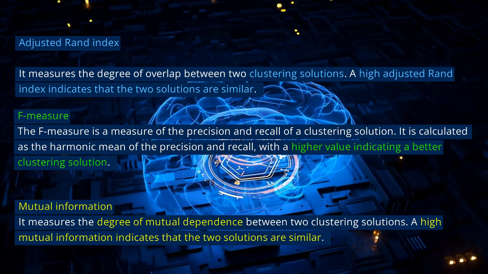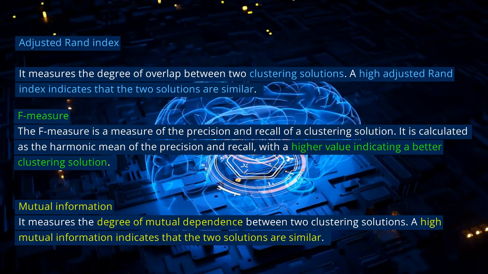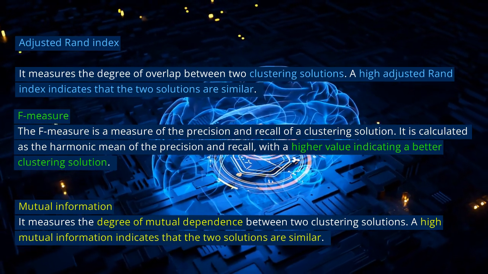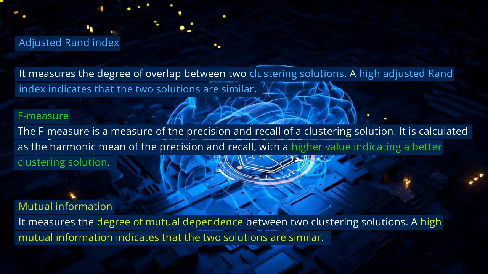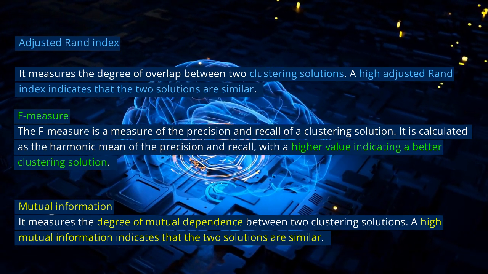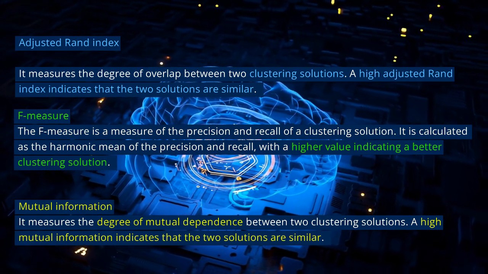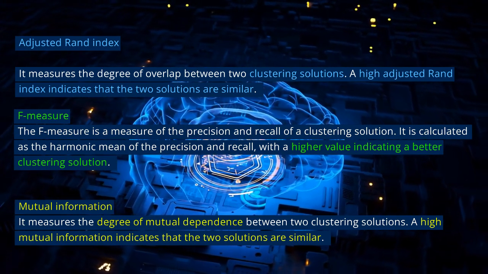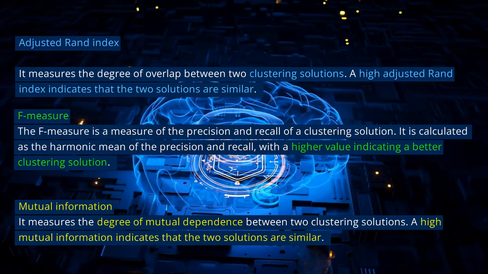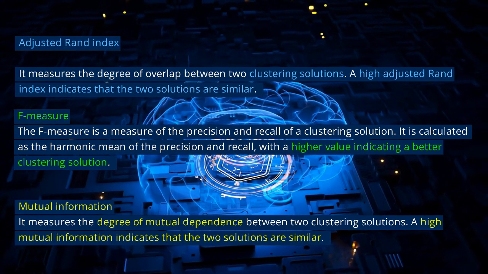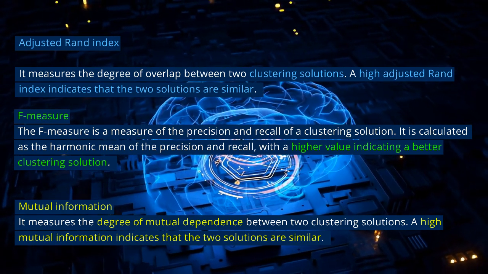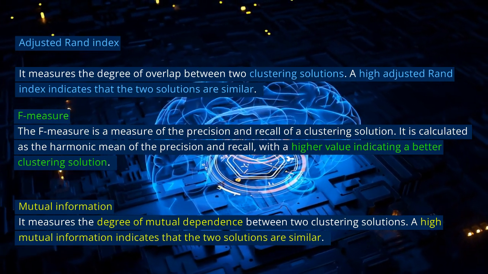F measure is the measure of precision and recall of a clustering solution. It is calculated as the harmonic mean of precision and recall, with a high value indicating a better clustering solution. Mutual information measures the degree of mutual dependence between two clustering solutions. A high mutual information indicates that the two solutions are similar.